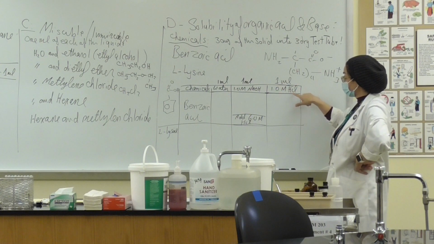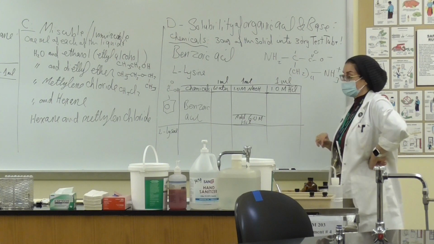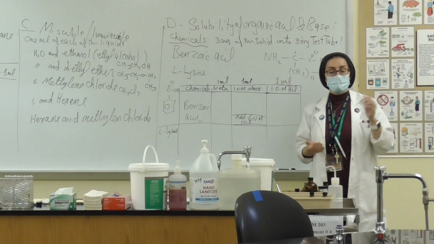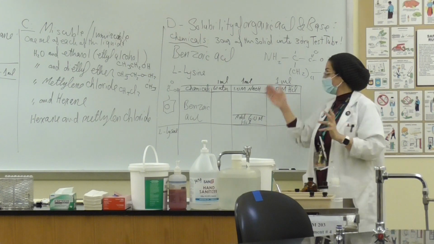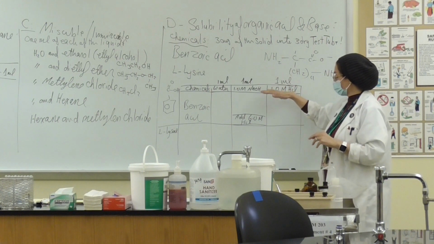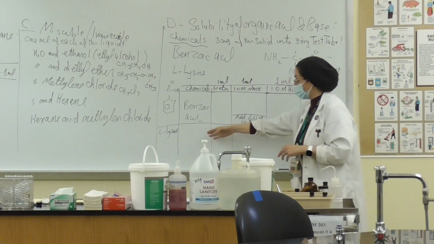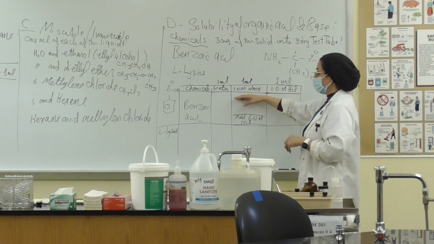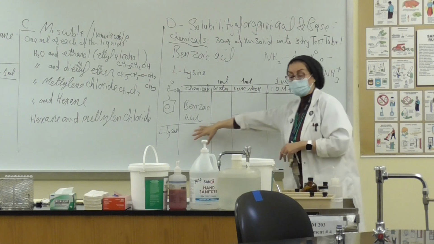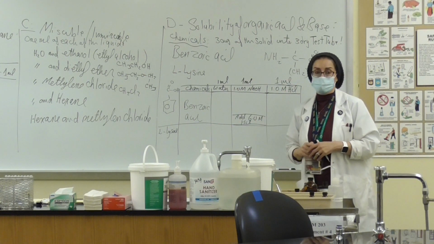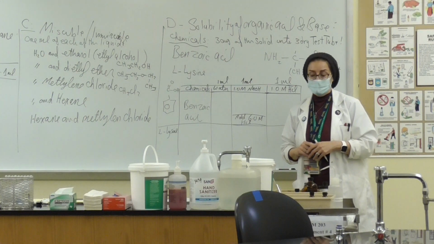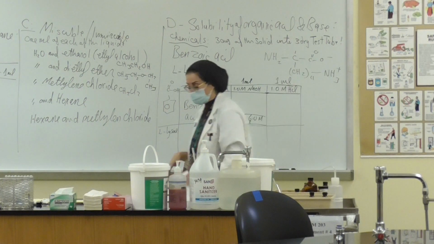You have 1 molarity HCl, and then you're going to add the base to it. We don't have 6 molarity sodium hydroxide, so go over the same thing with that one. First, 1 molarity sodium hydroxide with L-lysine, and then after that you add the hydrochloric acid to it as well, okay? So basically this is what we are going to have.